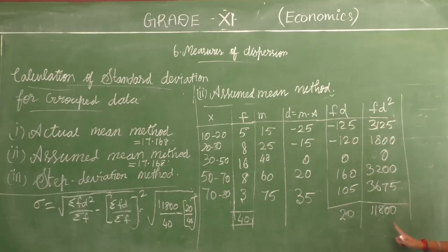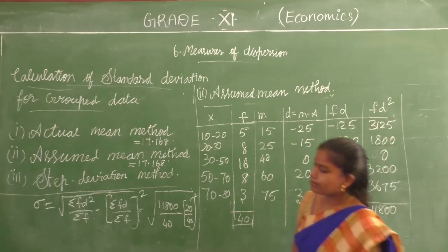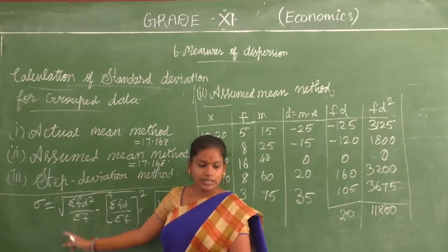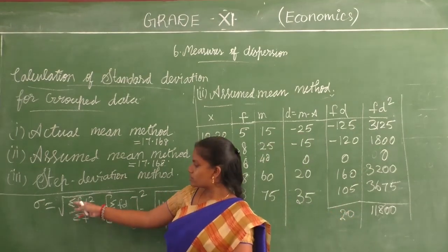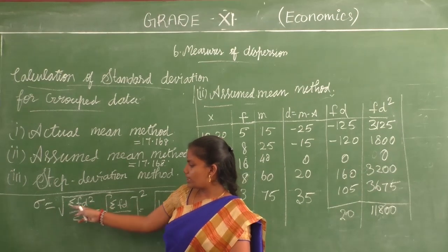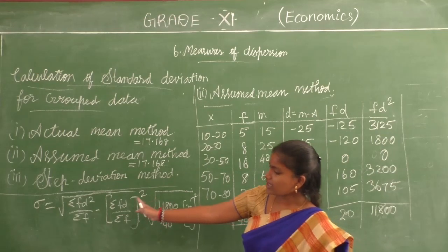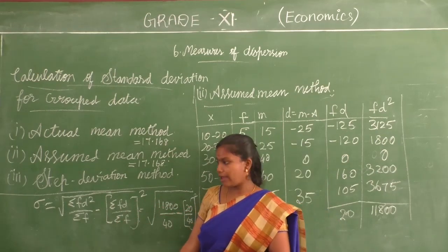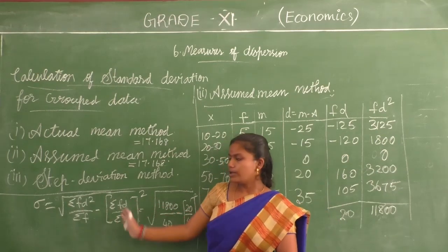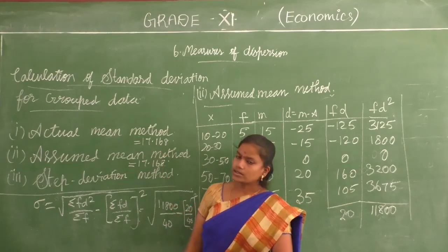Summated, simply put it across the formula, that is square root of summation fd square by summation of f minus summation fd by summation of f the whole square. When you do it, you will get the value.